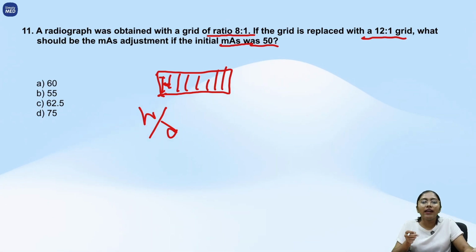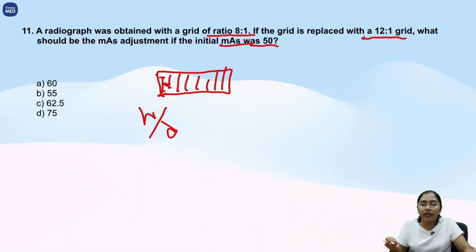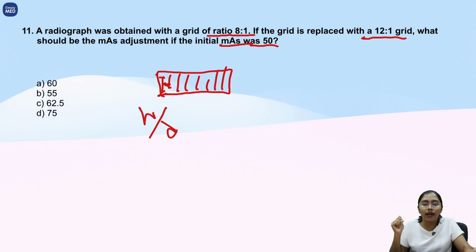That is what we call grid cutoff. In order to avoid grid cutoff, we increase the mAs a bit. We can't just randomly increase the mAs. There is a correct factor for how much we have to increase it. That is called the grid conversion factor, or simply grid factor.